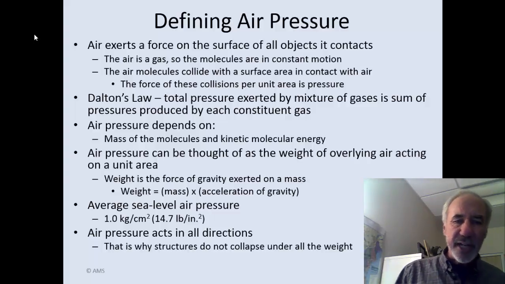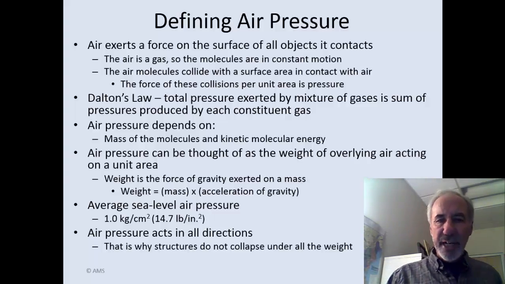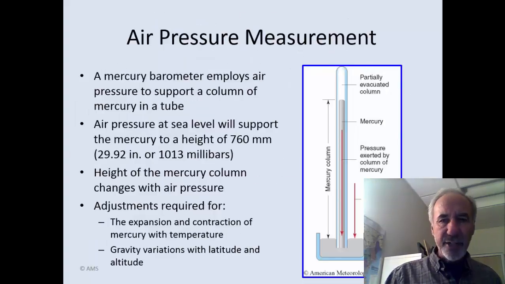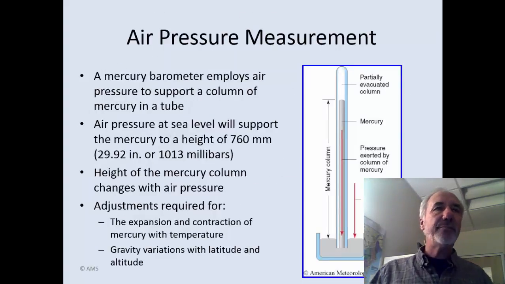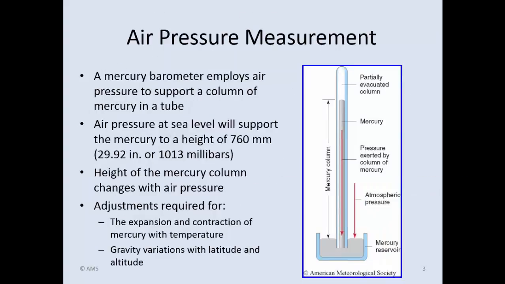Now you can read through a lot of this other stuff, but I'm going to skip on to the next page and talk about how we measure it. Initially, we used to measure air pressure with a mercurial barometer. If you look at this illustration here, you can see that we would put an evacuated glass tube down into a pool of mercury, and the force of the atmospheric pressure would push that mercury up the evacuated column.